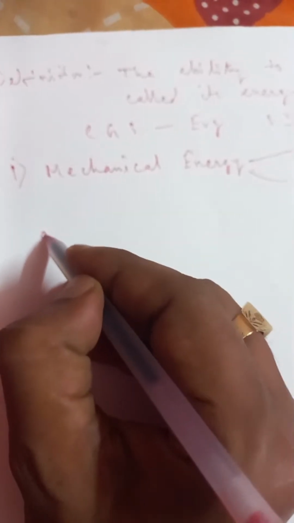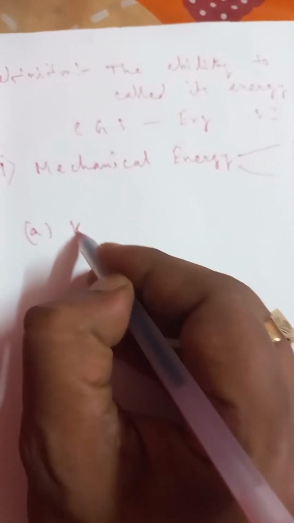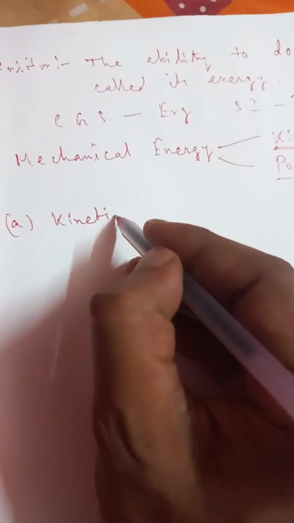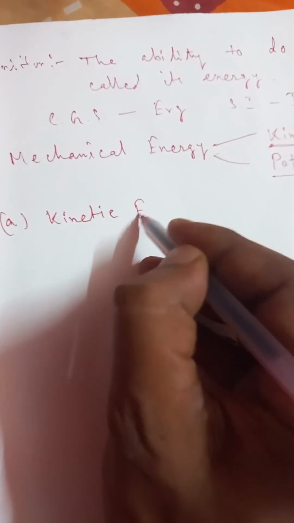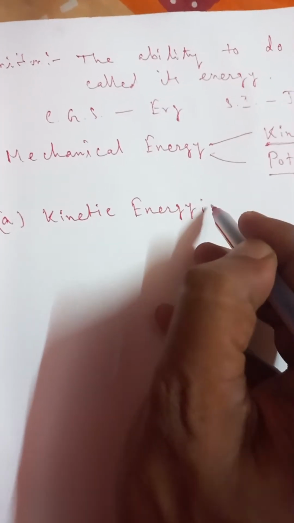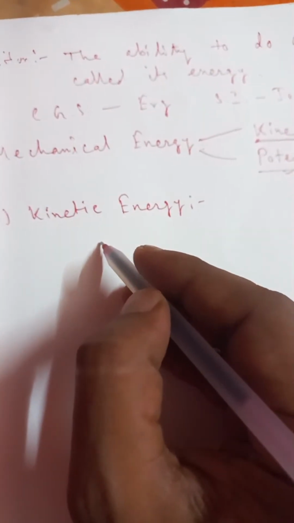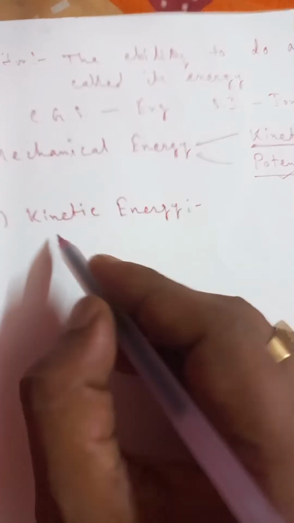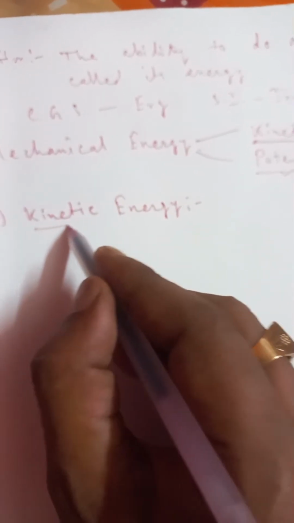So the numerical form of kinetic energy: how can we measure kinetic energy? We first have to find out the work done for generating kinetic energy.